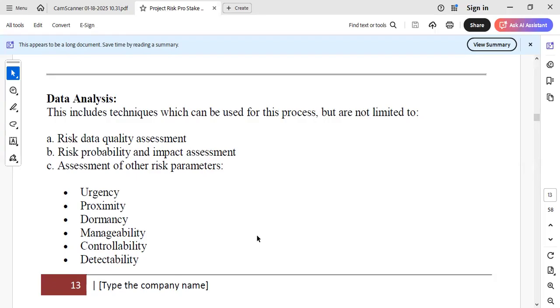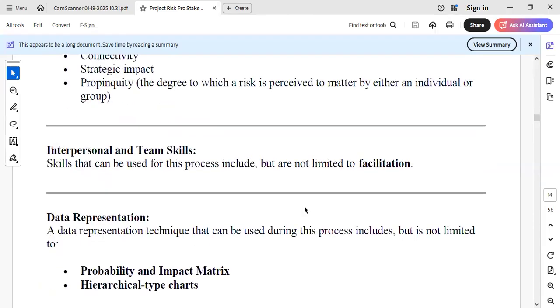Some risks are controllable. Some are not controllable. Some risks are detectable. Some are not detectable. When they happen, they just happen and you know that they have happened. So when you identify them, you still would be required to analyze and keep them in the buckets where they should be. So it's all about facilitation as a project manager.